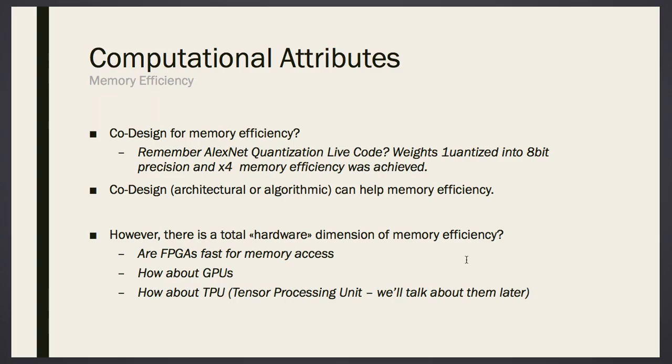But there is this total hardware dimension of memory efficiency. Because FPGAs access memory in a different manner, GPUs access them in a different manner, and TPUs access them in a different manner. There are different levels of cache memories. They are designed for cache memories. Cache memory is an intermediate level of memory between your processor and the main memory space, so that fast access operations can take place.